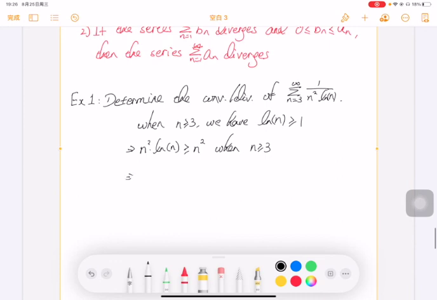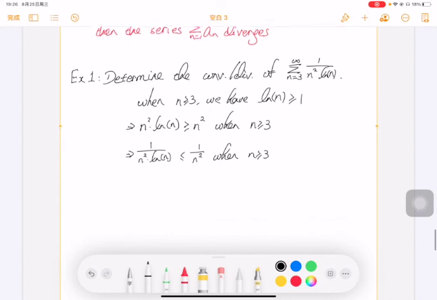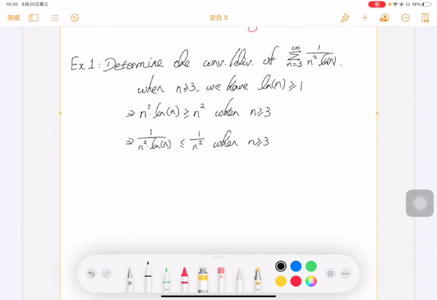And immediately that tells us 1 over n squared times ln of n is smaller than or equal to 1 over n squared when n is larger than or equal to 3, right, because a larger denominator gives you a smaller number.